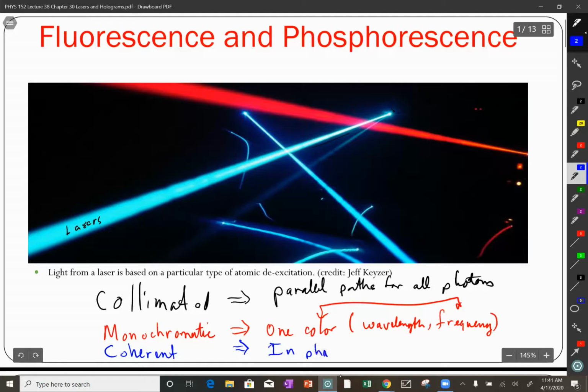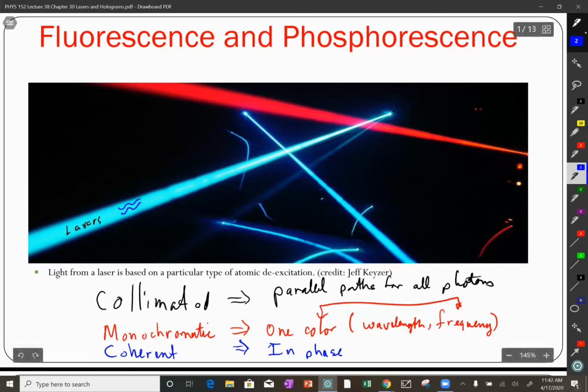So remember when we were talking about the wave nature of light, we were talking about phase relationships. The light in the laser beam is all in phase, so each of these things is oscillating together in the same time and location. They'll all be max, and so on. That's an important aspect to laser light. It has to be monochromatic for it to even be possible to be coherent.